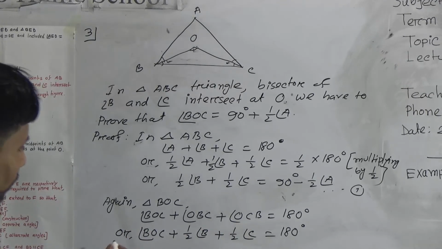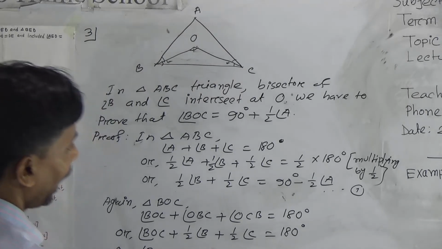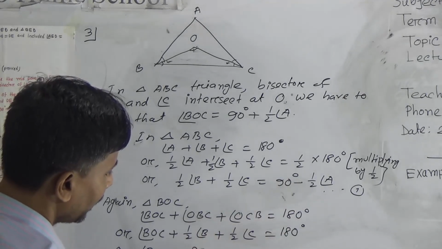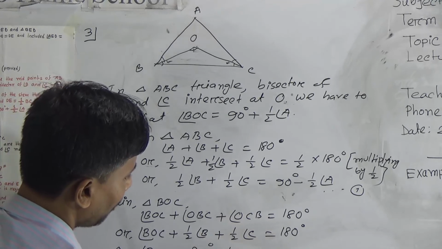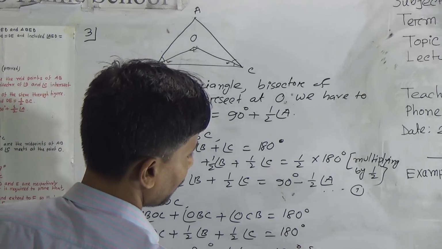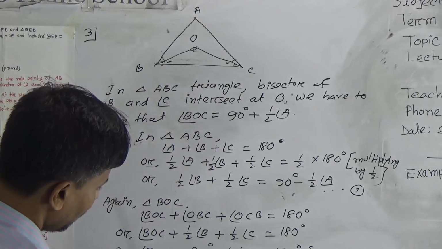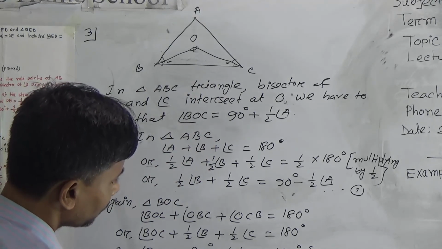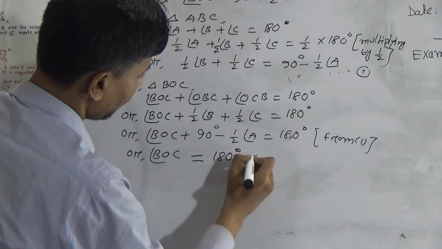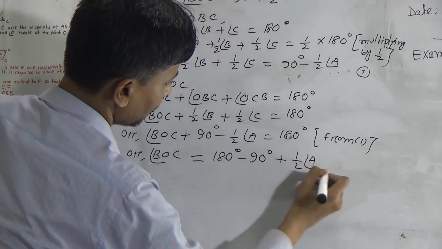Okay, student, now look. Angle BOC plus half of angle B plus half of angle C equal to 180 degree. From equation 1, half angle B plus half angle C equals 90 degree minus half angle A. So BOC equal to 180 degree minus that, then the right side will be minus, then it will be plus.